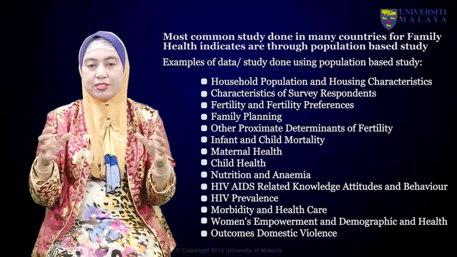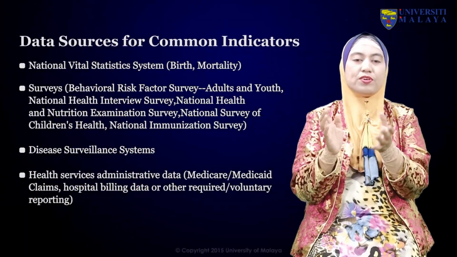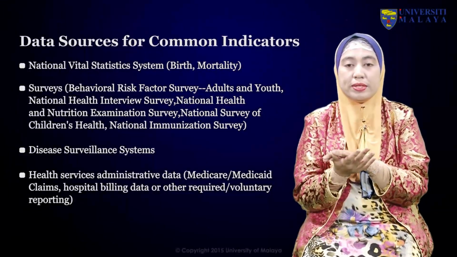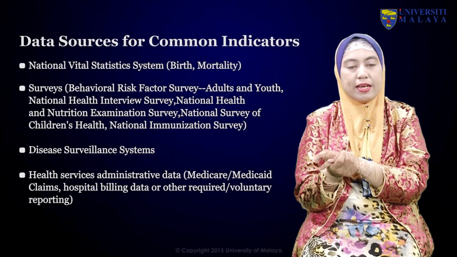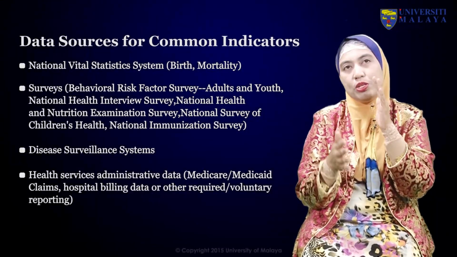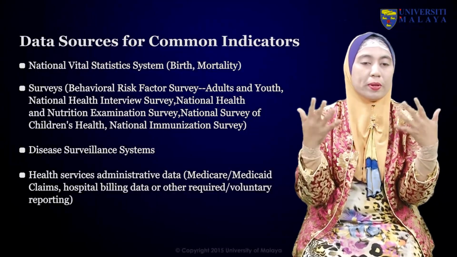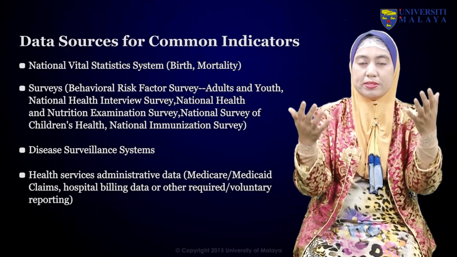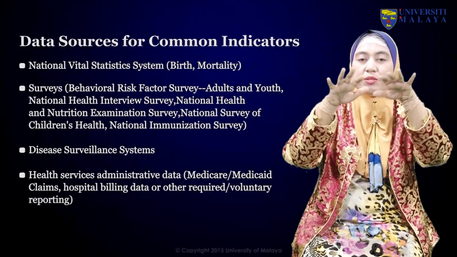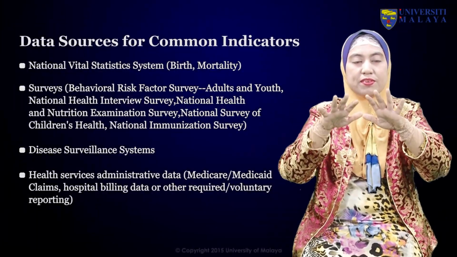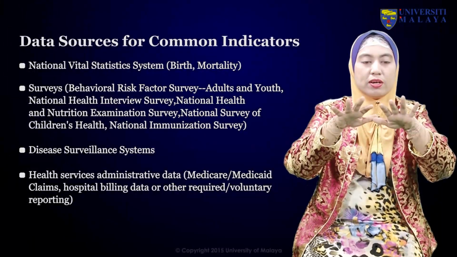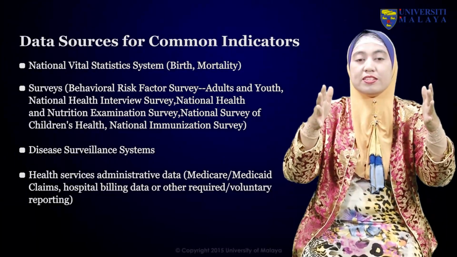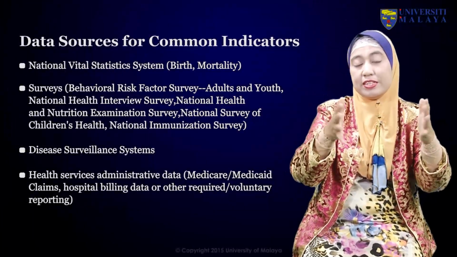area of interest. Okay, lastly, for the second part, you have to look at data sources for common indicators. Okay, as I mentioned earlier, when we look at who actually compiles it, remember we have a certain department like for national level, we have also reports taken by certain hospital or certain department in, let's say, university.